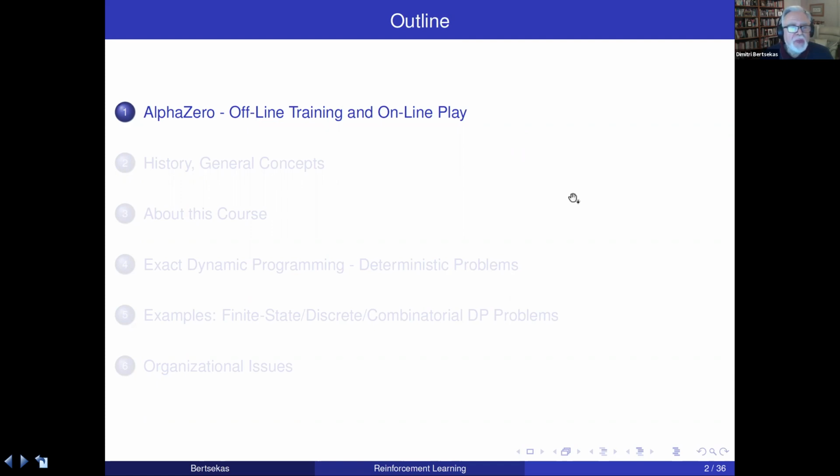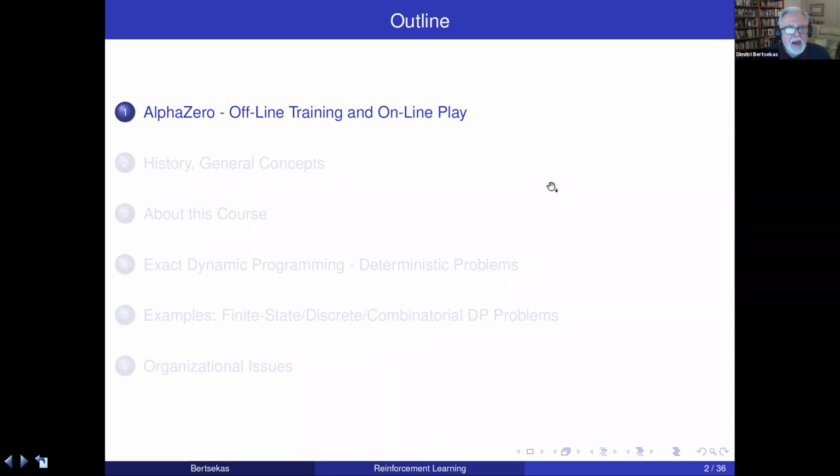I'm going to start with AlphaZero and AlphaGo, some very impressive successes of reinforcement learning that happened recently and sort of propelled the field to the forefront, onto the front pages of the newspapers.